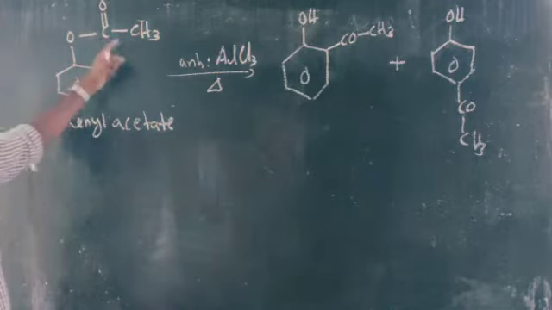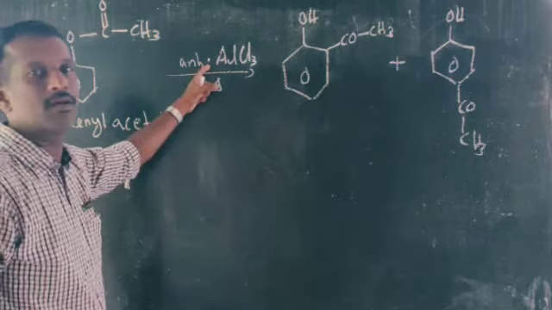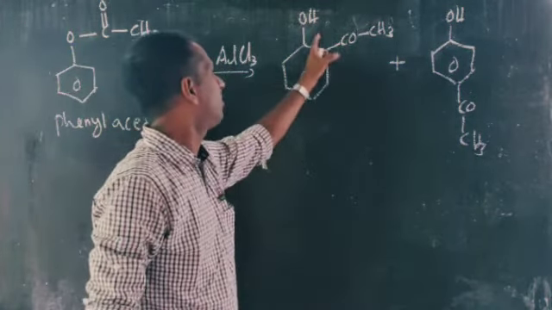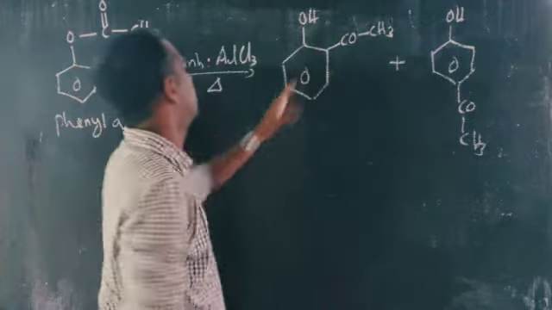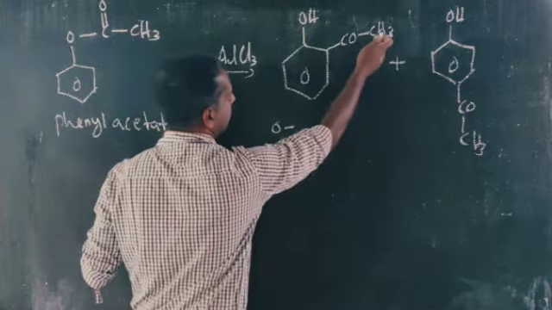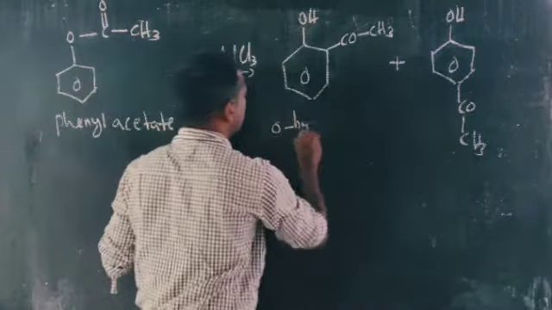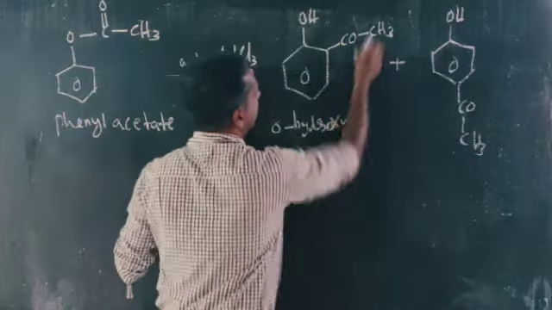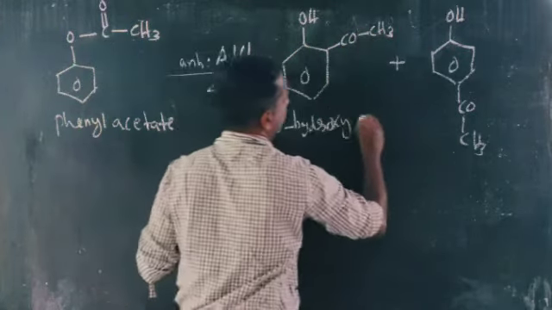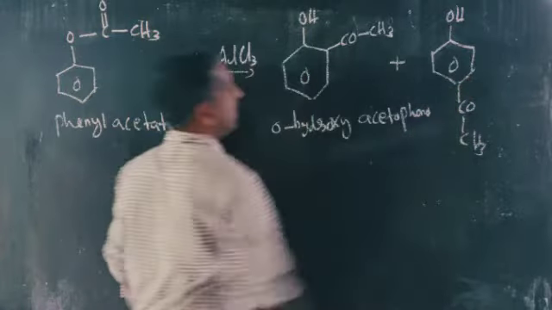So phenyl esters, when treated with anhydrous aluminum chloride, undergo a rearrangement to give ortho acylated phenol and para acylated phenol. This compound is ortho hydroxy acetophenone, C6H5COCH3 being acetophenone, and para hydroxy acetophenone.